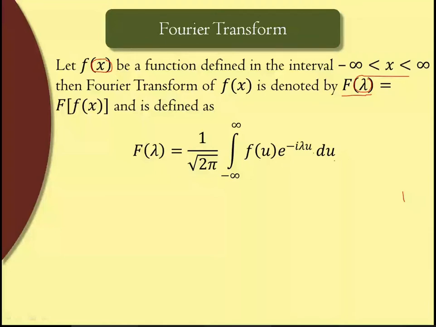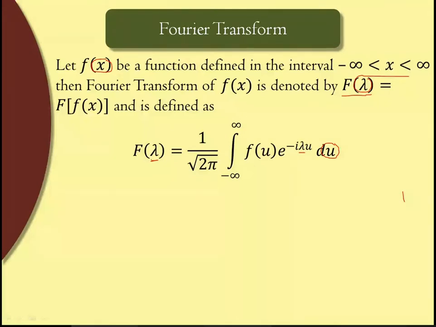Now this integration is independent of the variable. Instead of u, we can have any variable x. Here also you can take the corresponding term f of x e raised to minus i lambda x dx. After solving the integration, we get the term lambda, so it is a function of lambda.